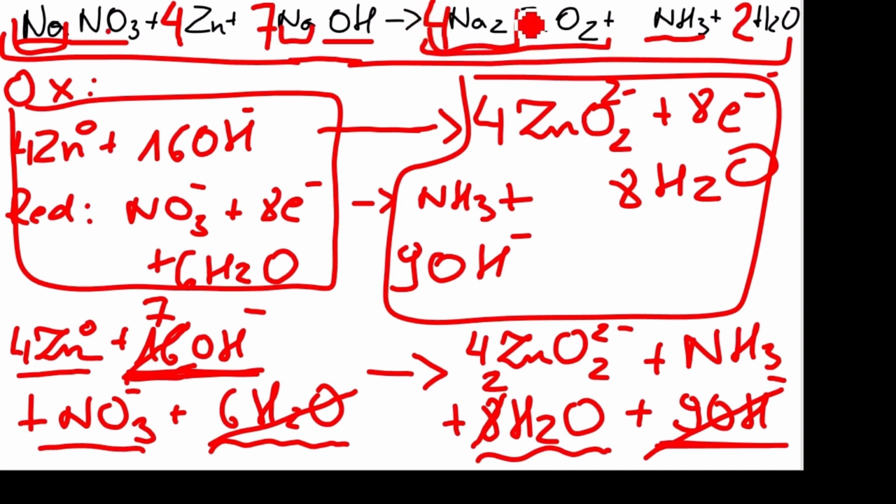Okay, what else? 3 atoms of oxygen in sodium nitrate, 7 atoms of oxygen in hydroxide give us 10 atoms of oxygen. In 4 particles of sodium zincate we have 8 atoms of oxygen and 2 atoms of oxygen in water particle give us 10 atoms of oxygen.